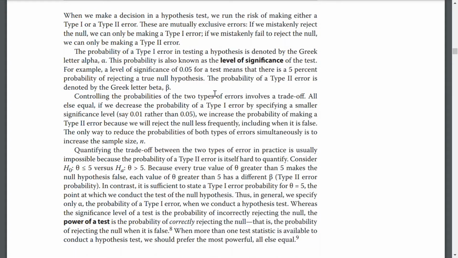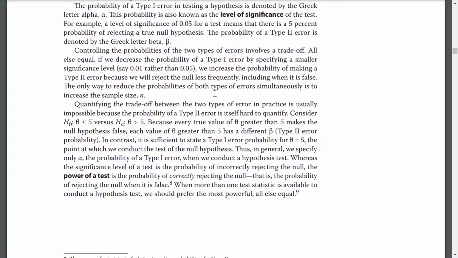Controlling the probabilities of the two types of errors involves a trade-off, all else equal. If we decrease the probability of a type 1 error by specifying a smaller significance level, say 0.01 rather than 0.05, we increase the probability of making a type 2 error because we will reject the null less frequently, including when it's false.